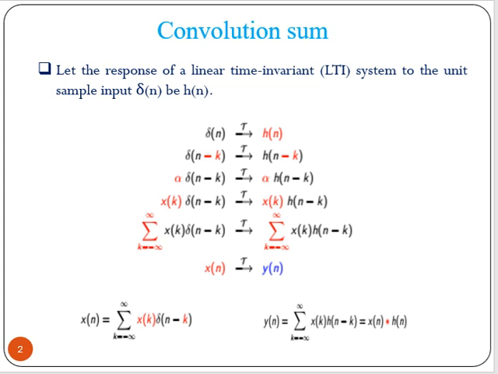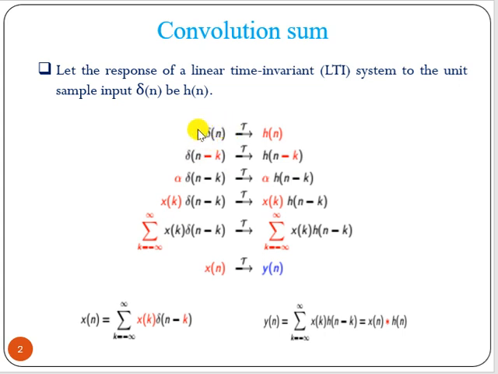What is convolution sum? If you remember, the response of a linear time invariant system to the unit sample input delta n is h of n. That is called the impulse response.